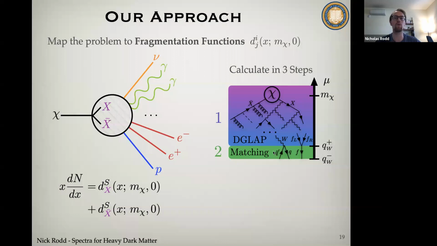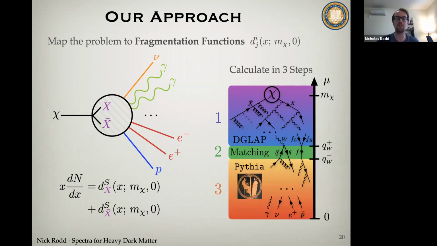And actually, this is the point where we'll account for electroweak masses, which we would have neglected in stage 1 of the calculation. Finally, rather than matching onto, say, some experimentally measured fragmentation function, we'll match onto Pythia, which we really do think is capturing most of the relevant physics below the electroweak scale. And this will allow us to get arbitrary final states that we're interested in, photons, neutrinos, positrons, antiprotons, etc.